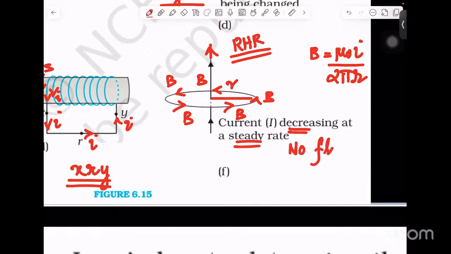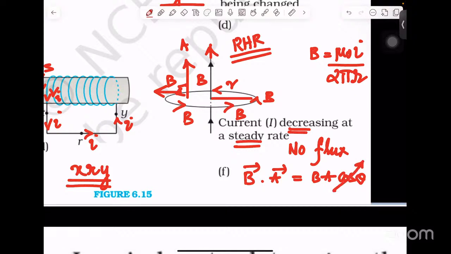So there is no flux. Okay, because the flux is B dot A, right? So it is BA cos theta. This is the plane of B. This is the plane of A. Among that, there is 90 degrees angle. So this should tend to 0, cos 90 is 0.